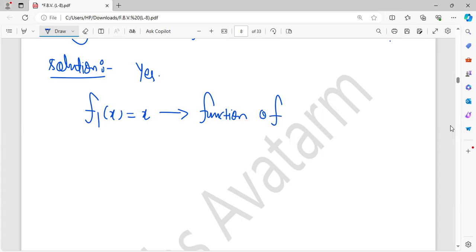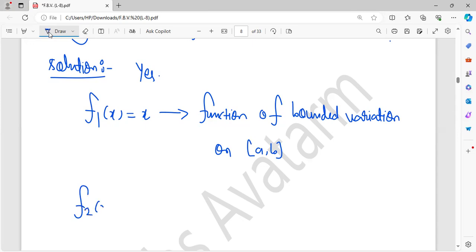Polynomials are functions of bounded variation on any closed interval.